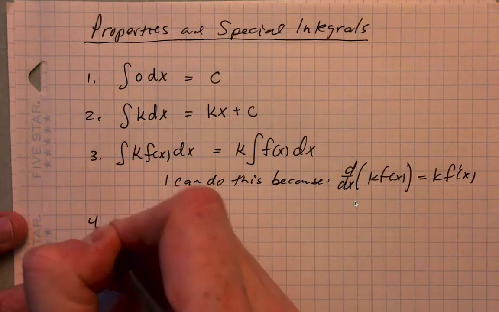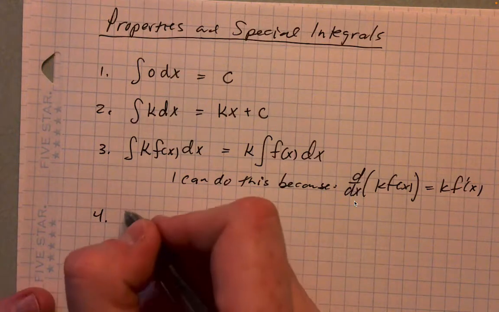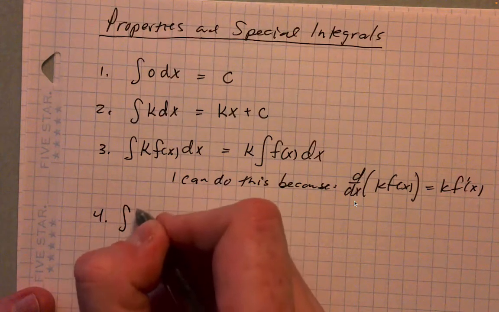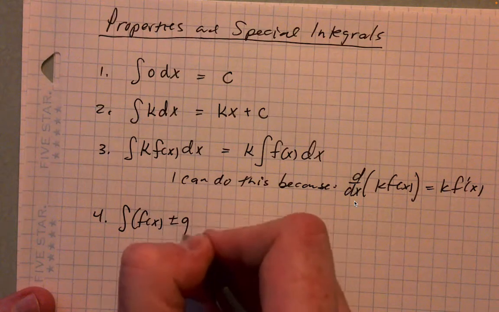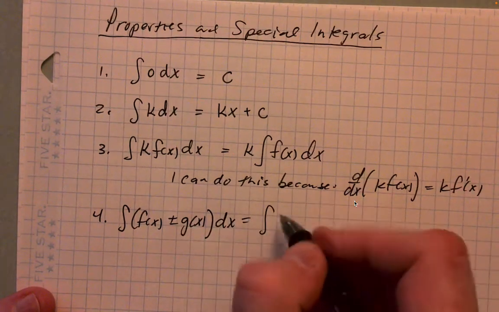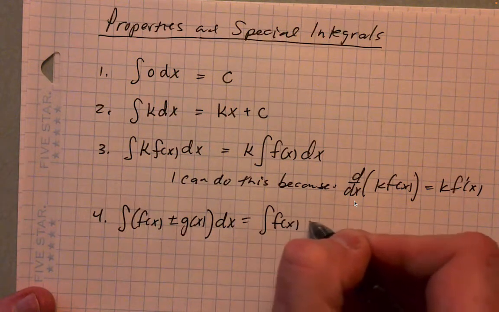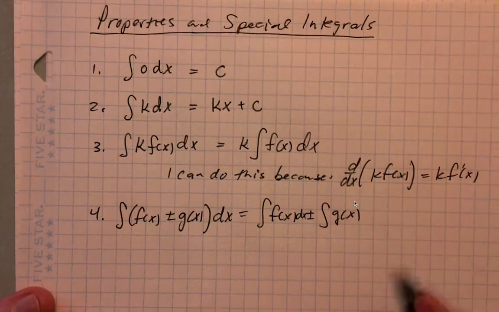Similarly, we can do the same thing with sums and differences. So the integral of f of x plus or minus g of x is equal to the integral of f of x dx plus or minus the integral of g of x dx.